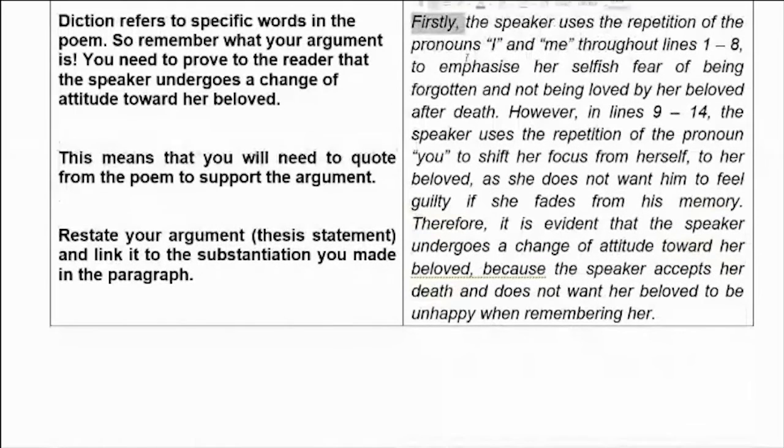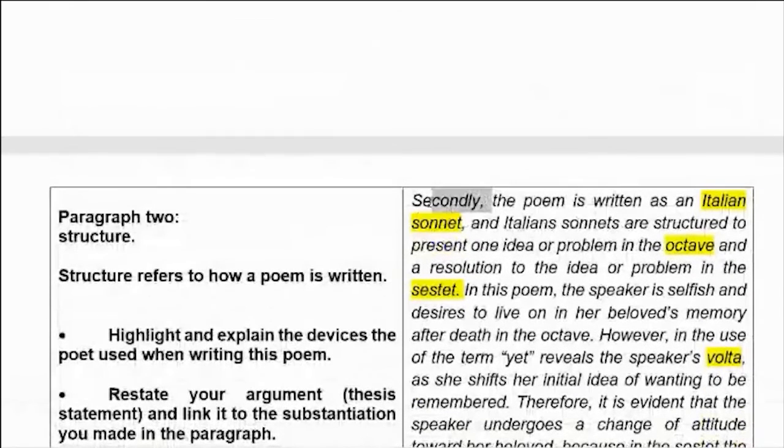firstly was my first transitional word for body paragraph 1. I'm now on body paragraph 2, and I started with secondly. And don't forget your comma. The poem is written as an Italian sonnet, and Italian sonnets are structured to present one idea or problem in the octave. So remember, lines 1 to 8 have one idea, right?